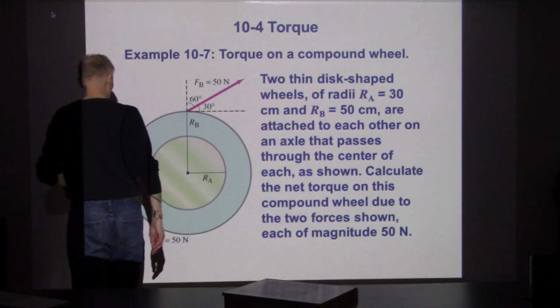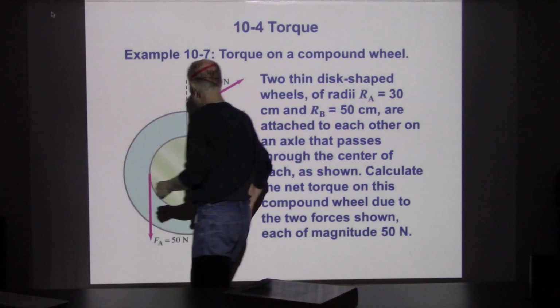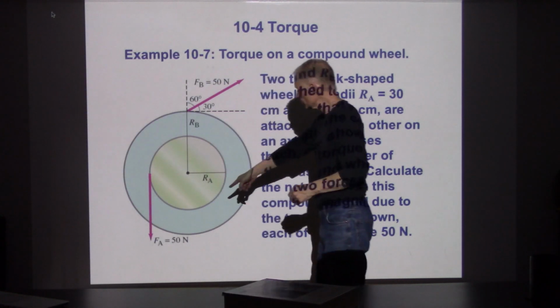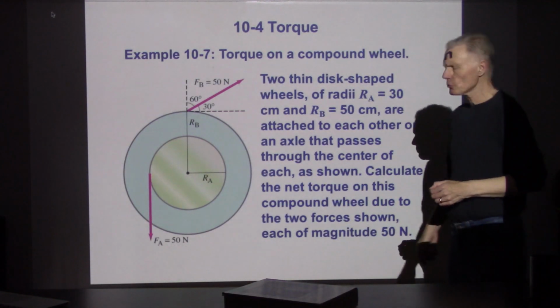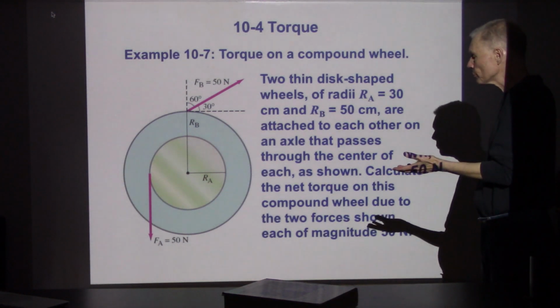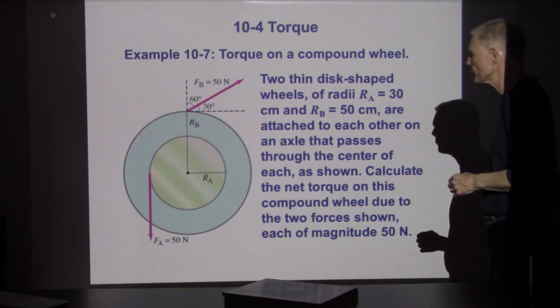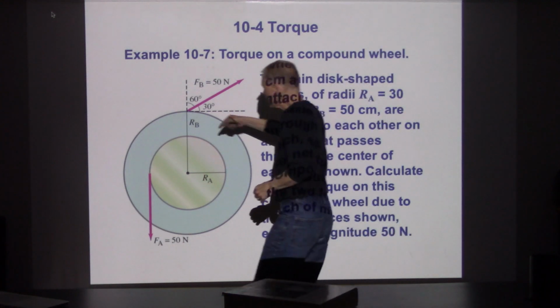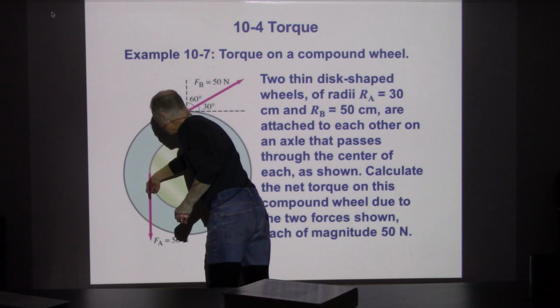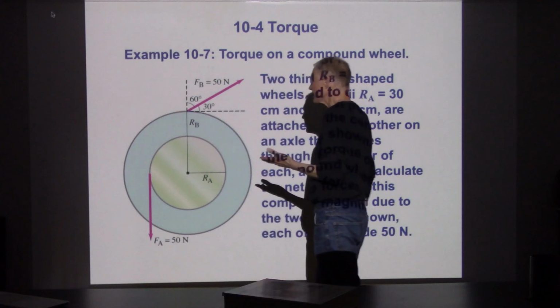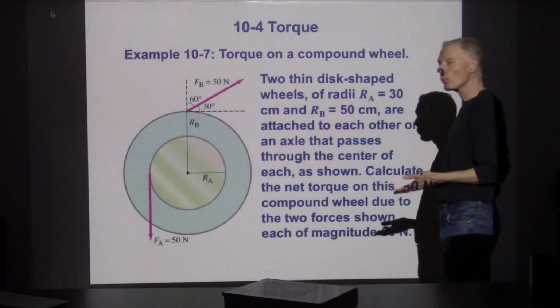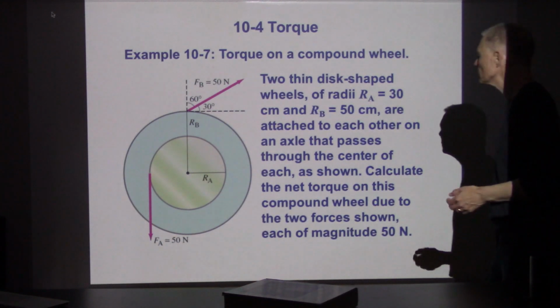So let's take a look at the forces and ask what's going on here. See force A right there. Force A is 50 newtons. That's about 10 or 12 pounds of force. So here's 50 newtons in that direction. Now, how much of a lever distance will that force have?